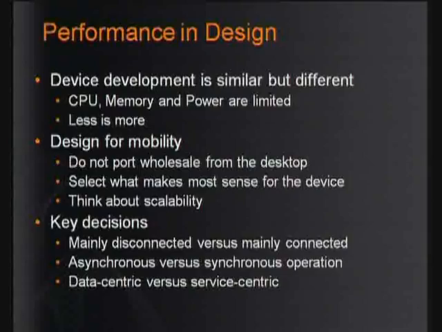Part of that is to figure out whether you want to be data-centric, which uses replication on databases, or a service-centric application, which requires connections to a back-end server in order to get its work done.